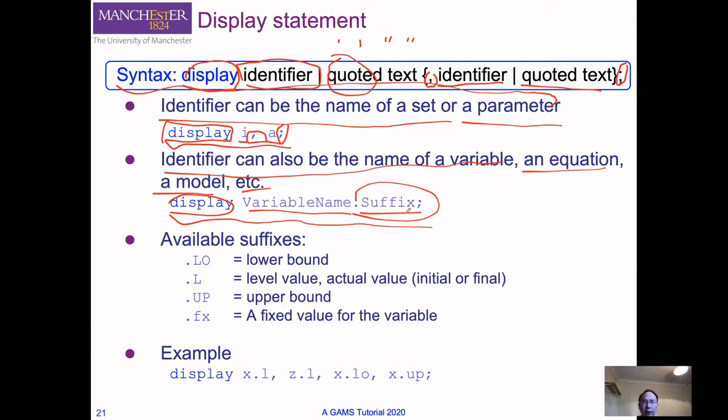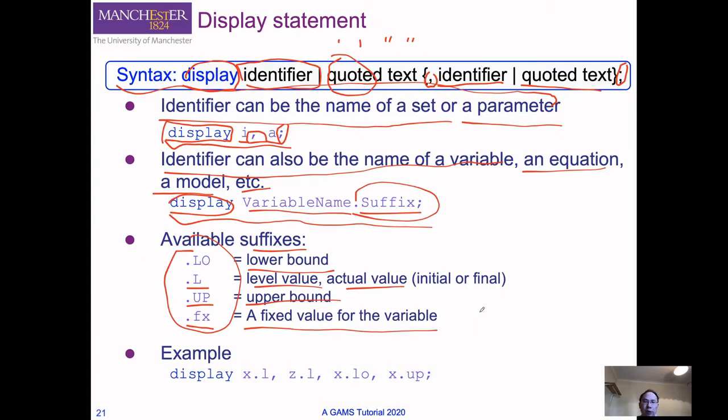Don't forget the suffix for variables, equations, or a model. There are several suffixes available in GAMS. We often use these four suffixes. .lo means lower bound. .l means level value, actual value. .up means upper bound. .fx means a fixed value for the variable.